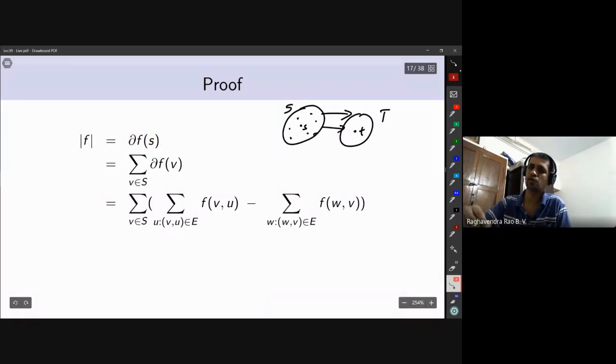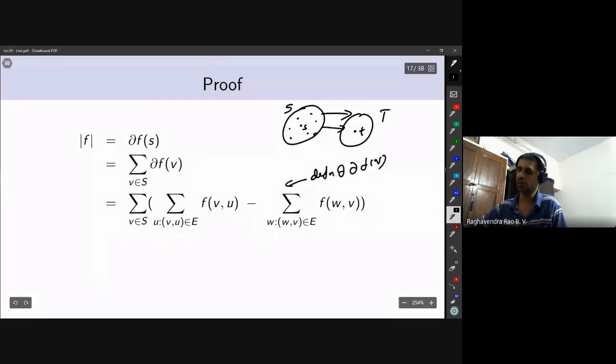Let's just expand it out. What is ∂F(v)? It's basically the sum of flows of all outgoing edges from v, and then you subtract from it the sum of flows of all incoming edges to v. So this is basically an expansion from the definition of ∂F(v). We didn't do anything magical here.